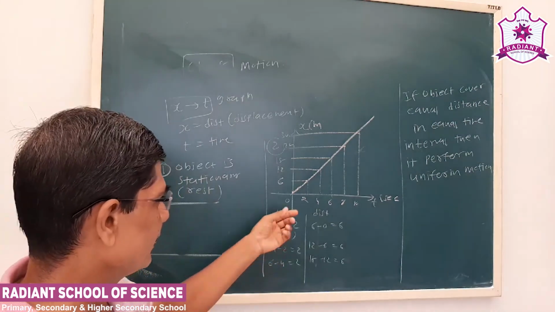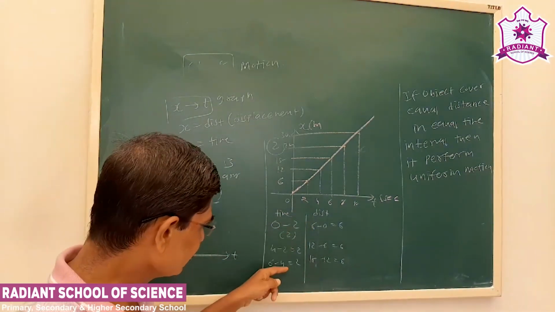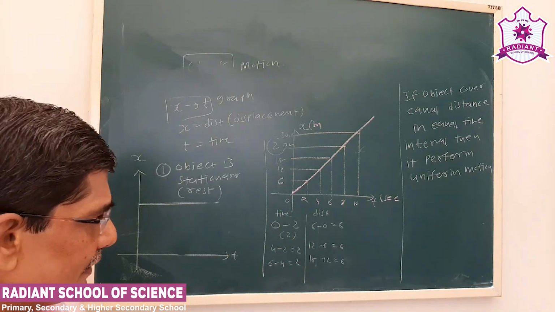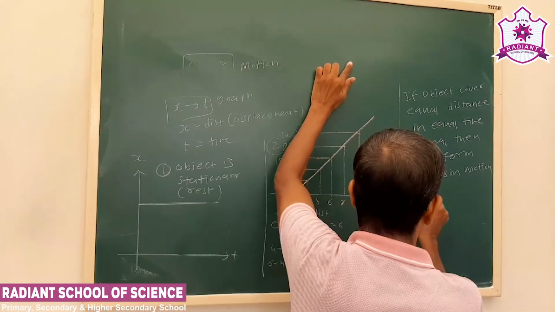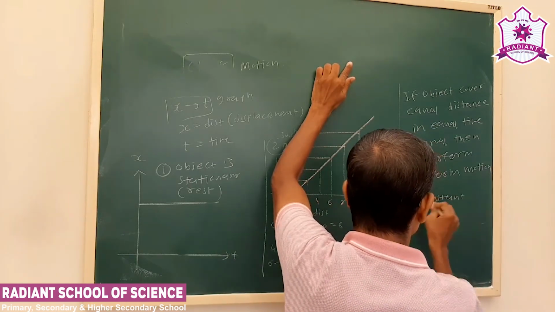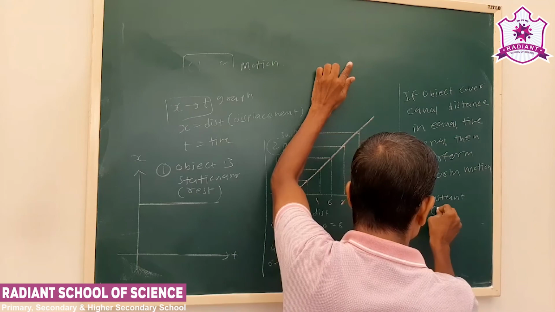What we have seen here is that the time interval is the same, and the distance covered during each time interval is also the same. So in that case, we say it moves with a constant speed or velocity.